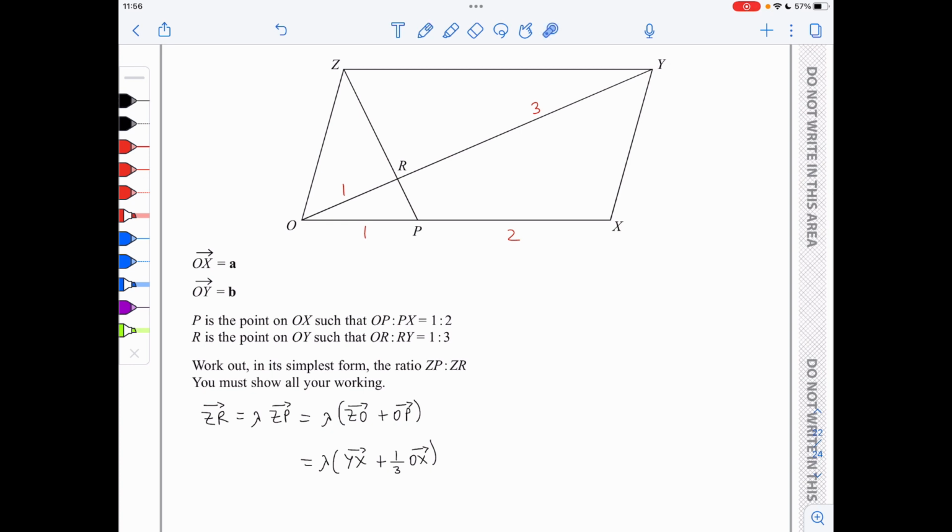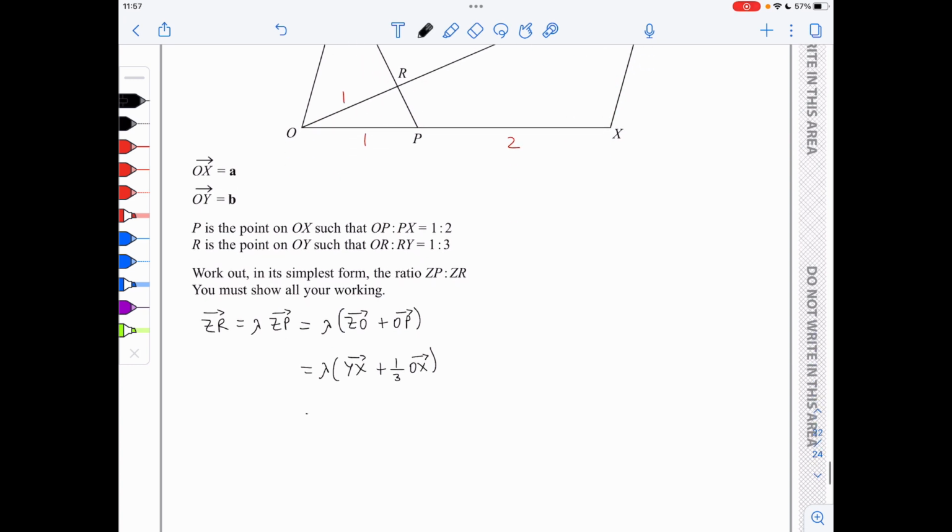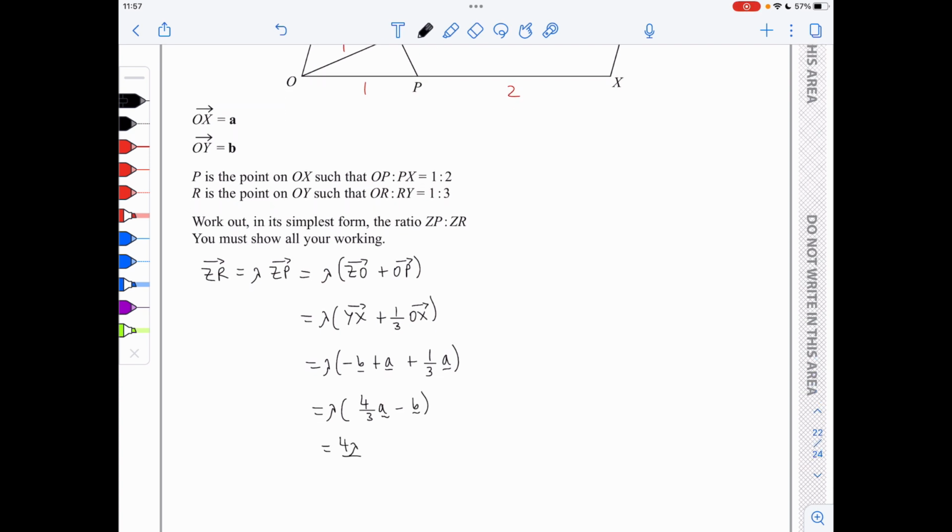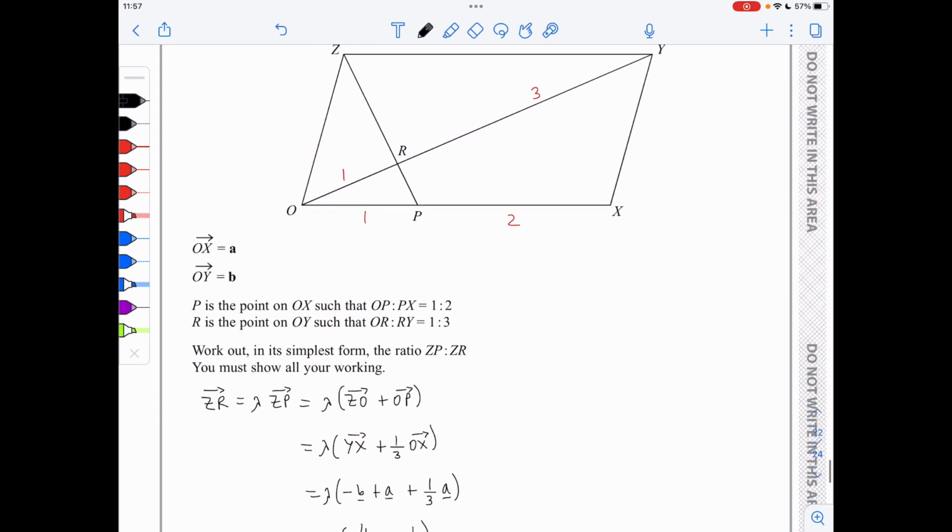So YX is simply minus B plus A. So I'm replacing YX with minus B plus A, and OX is A, so plus a third A. So this leads to lambda times 4 over 3A minus B, and I expand to get 4 lambda over 3A minus lambda B.